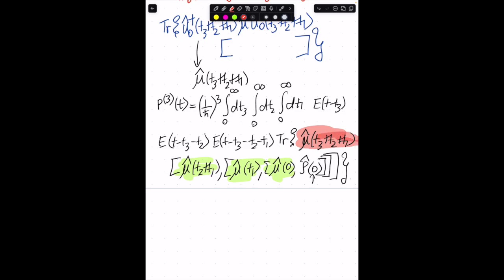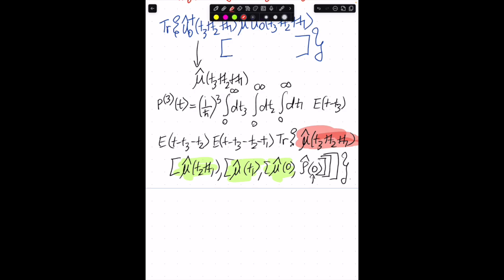And to explain the physical significance to you here, the first three dipole operators describe the interactions of the light with the matter system, and then the last dipole operator is actually the response of your matter system to the three light fields. So it is the emission of the signal field.